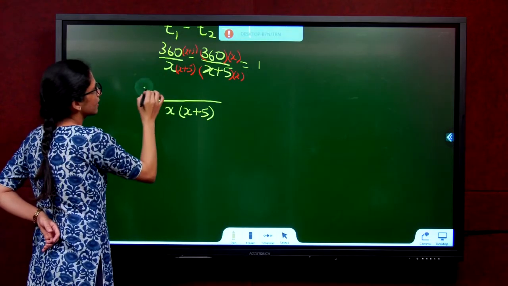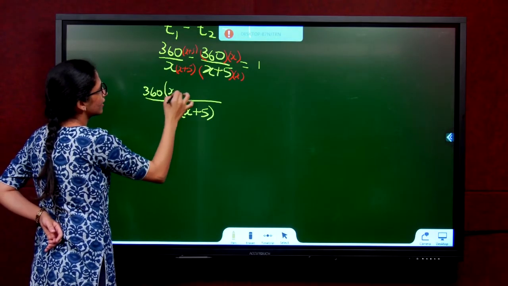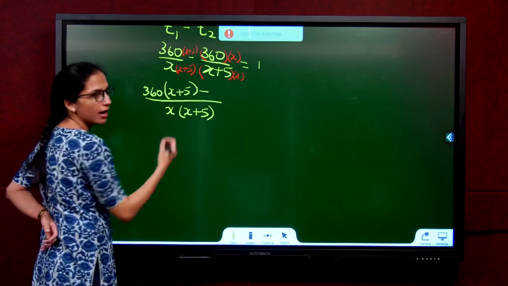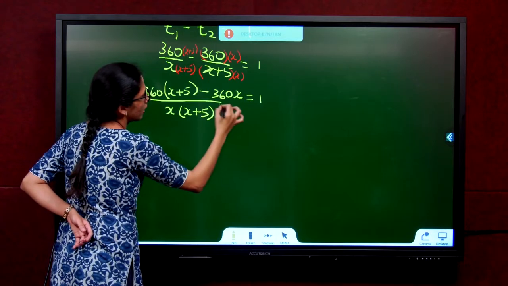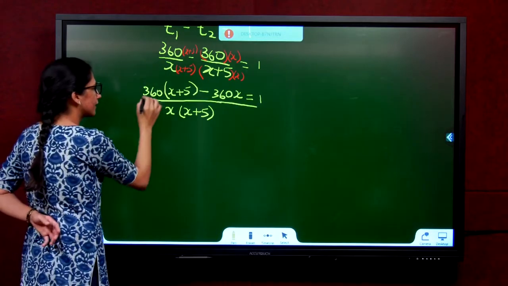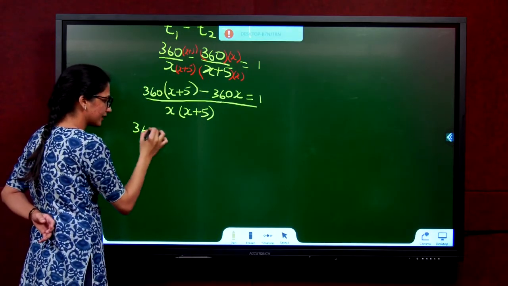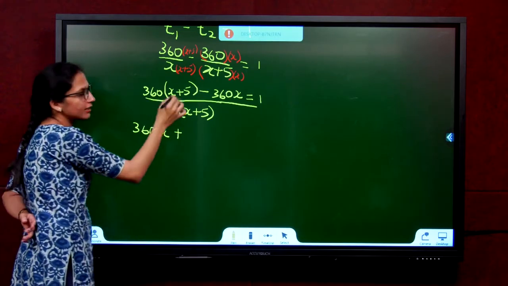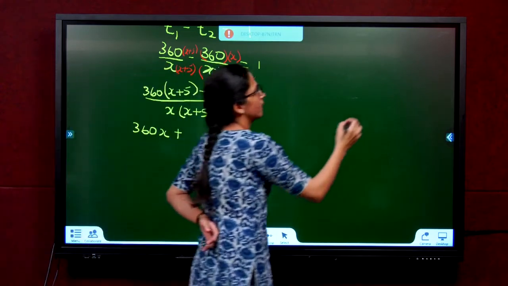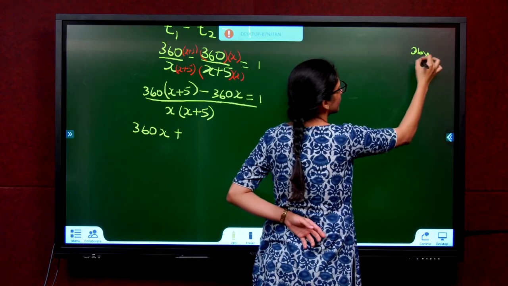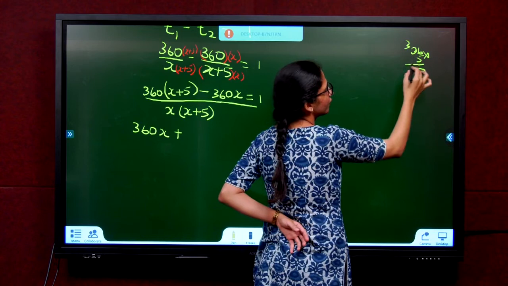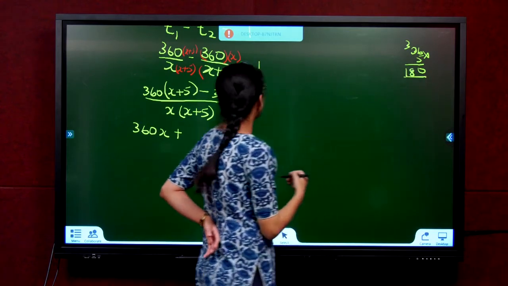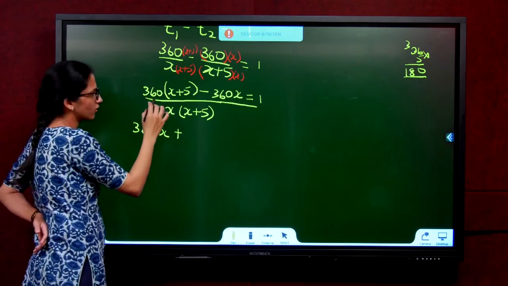So this becomes 360 into x plus 5 minus 360x is equal to 1. 360 into x, 360x plus 360 into 5. We will do 36 into 5. 5 6s are 30. 5 3s are 15. 15 plus 3, 18. So there's a 0 here also.